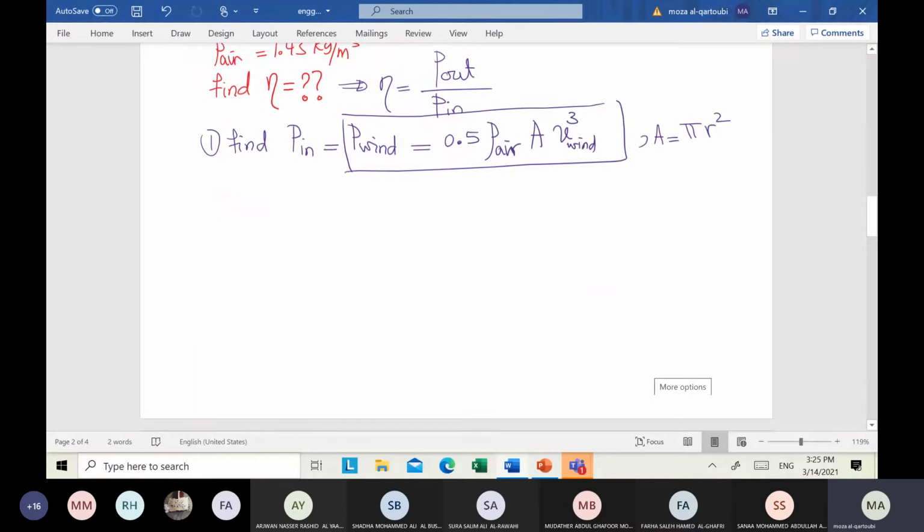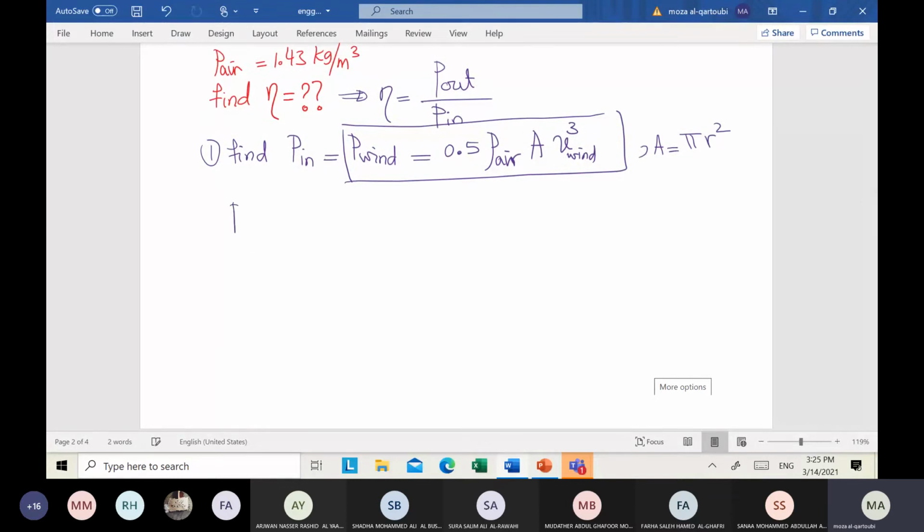So in the first step, P wind equals 0.5 times air density times pi times D over 2 squared, times V, the speed given in the table, cubed. And the answer should be in kilowatt.